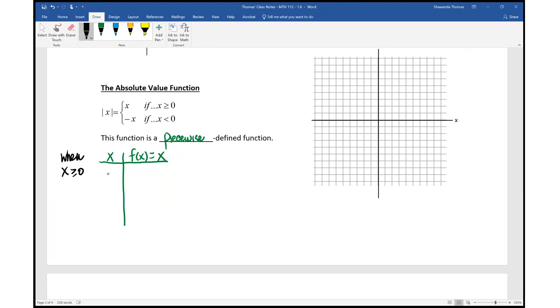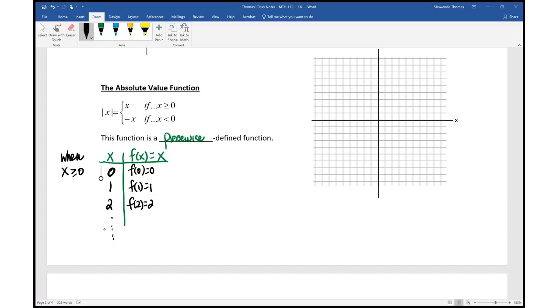Another number that is greater than or equal to 0: 1, 2, for example. So if we plug in these numbers, f of 0 equals 0, right? F of 1 will equal 1. F of 2 will equal 2, and so on and so on.